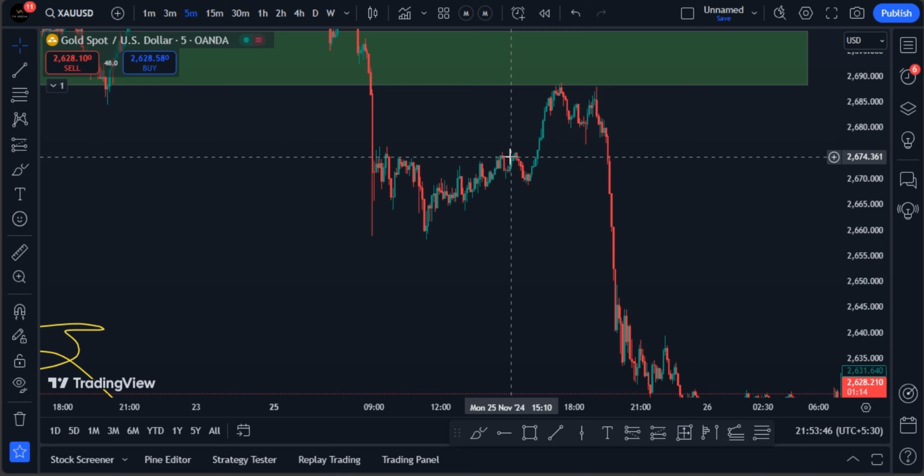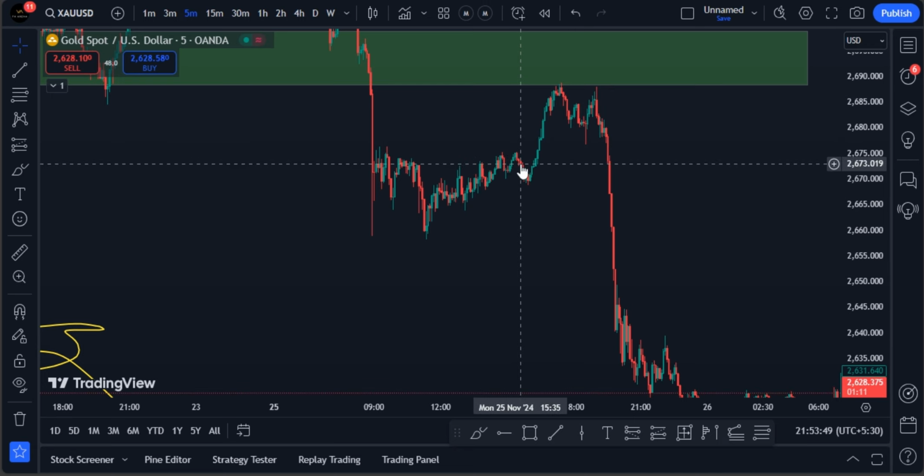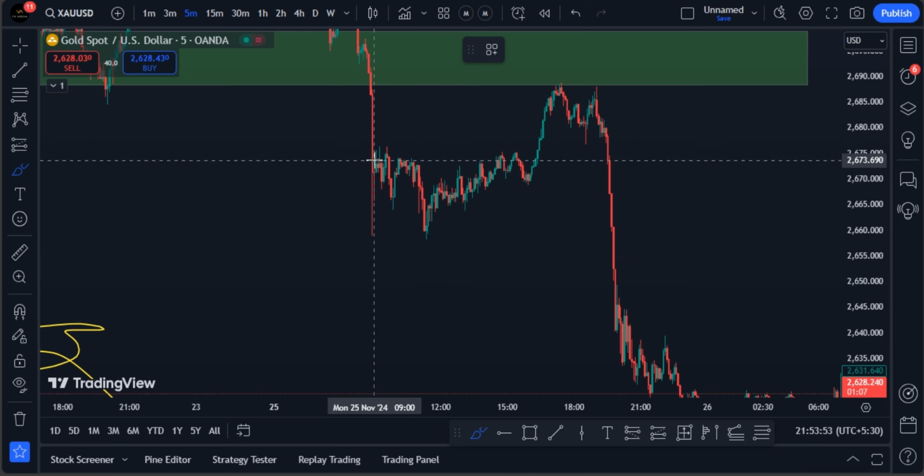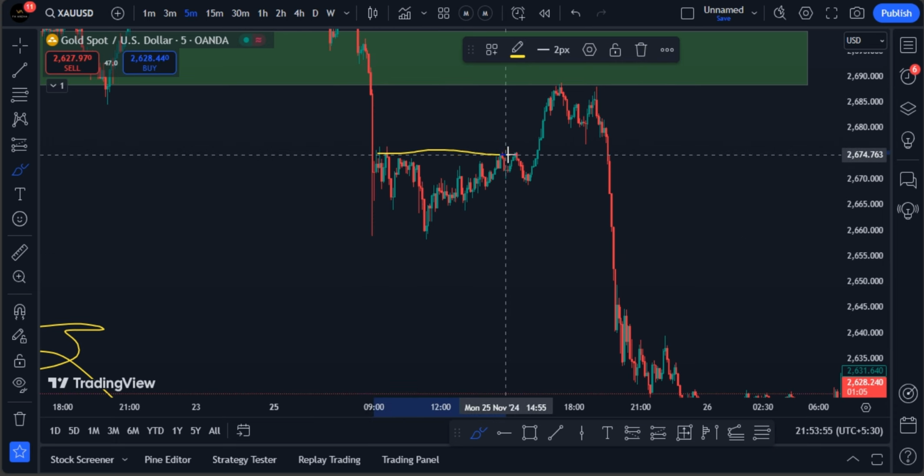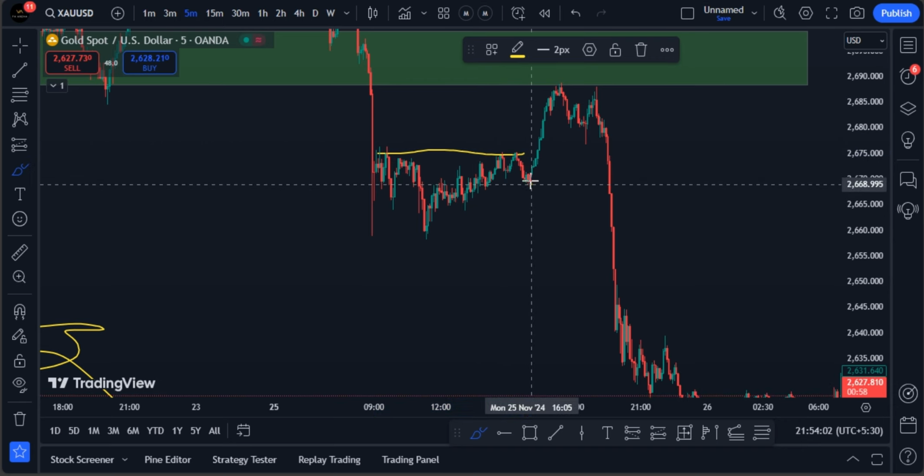Most of the traders are taking sell entries just over here because we can see small resistance zones. Most of the traders are trying to make sell trades over here, but finally they are getting liquidated, and then the market goes down.